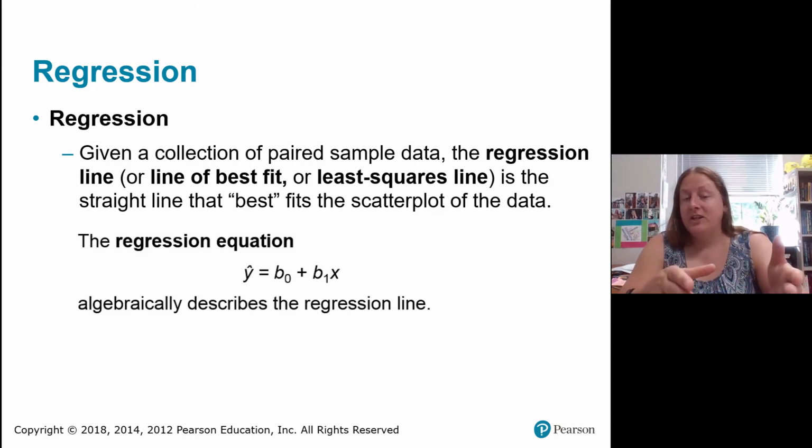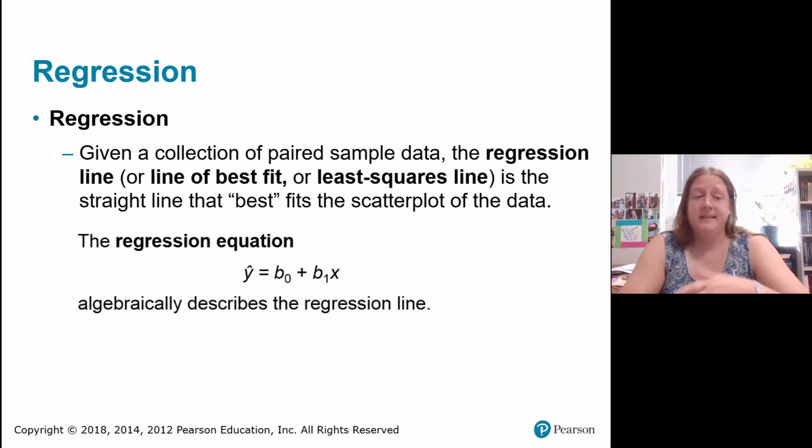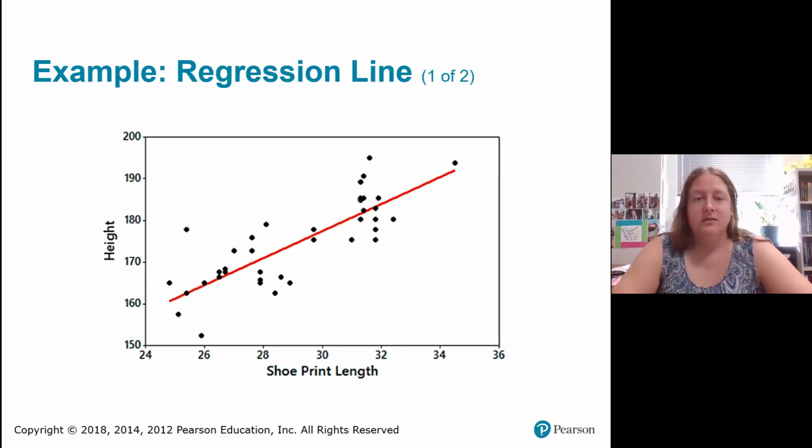The regression equation is just the equation of a line, y equals b sub 0 plus b sub 1 x. Well, this is like y equals mx plus b. It's the slope-intercept form of a line, and that just algebraically describes our regression line. So here's our shoe print length and our height, and there's our line of best fit.